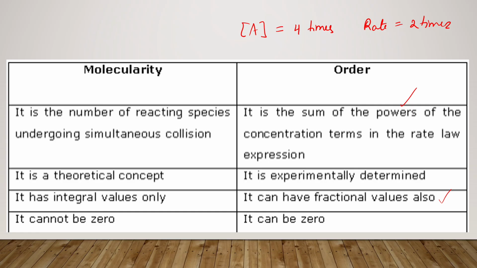In fact, the rate is proportional to the concentration of A raised to the power 1/2. So this proves that order can have fractional values. And in some cases, as we saw in a few examples, the order can be zero as well. Whereas the molecularity of a reaction cannot be zero, because some reactant has to be involved in order to make products.